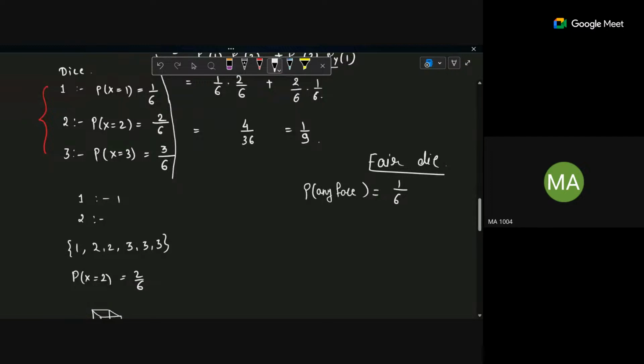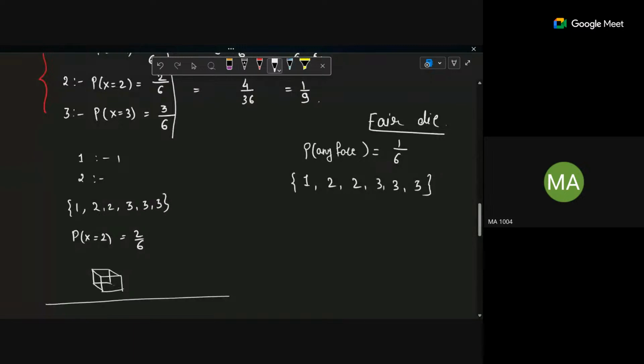Now your faces are marked as 1, 2, 2, 3, 3, and 3. Now you are asking what's the probability that the die lands with 2. That means the probability of getting 2.